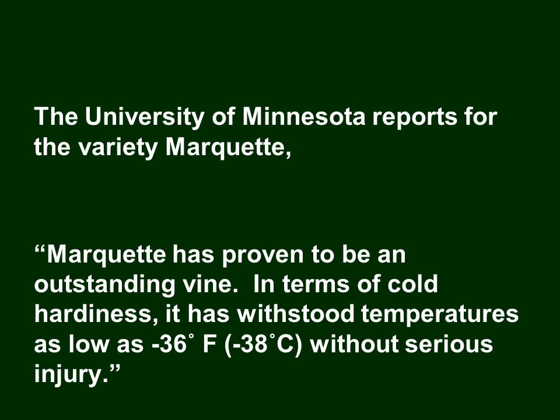The University of Minnesota reports for the variety Marquette: Marquette has proven to be an outstanding vine. In terms of cold hardiness, it has withstood temperatures as low as minus 36 Fahrenheit, that's minus 38 Celsius, without serious injury. Wow.